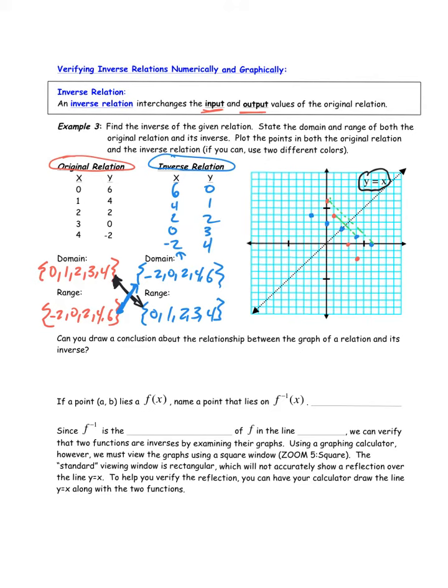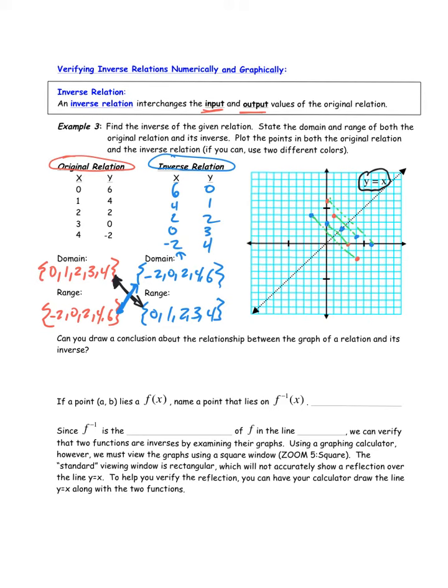If I take the point (0, 3) and I mirror that in the line y equals x, I get (3, 0). And similarly for (-2, 4), if we reflect that in the line y equals x, we're going to get the point (4, -2). So can you draw a conclusion about the relation between the graph of a relation and its inverse?